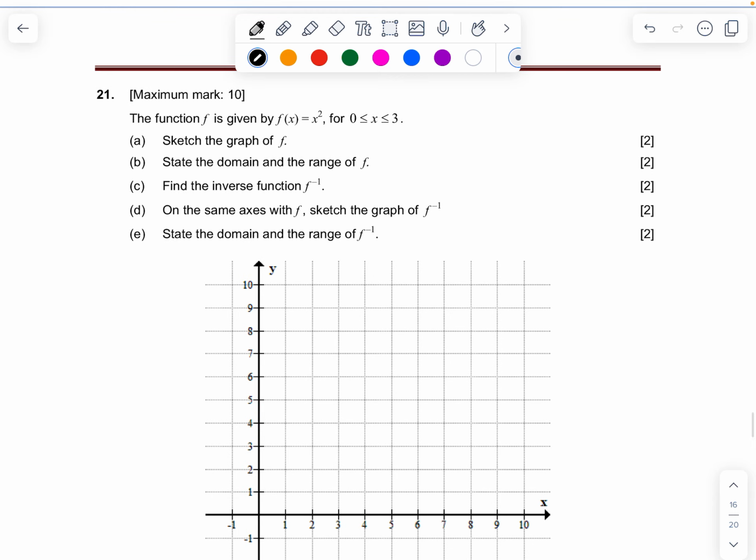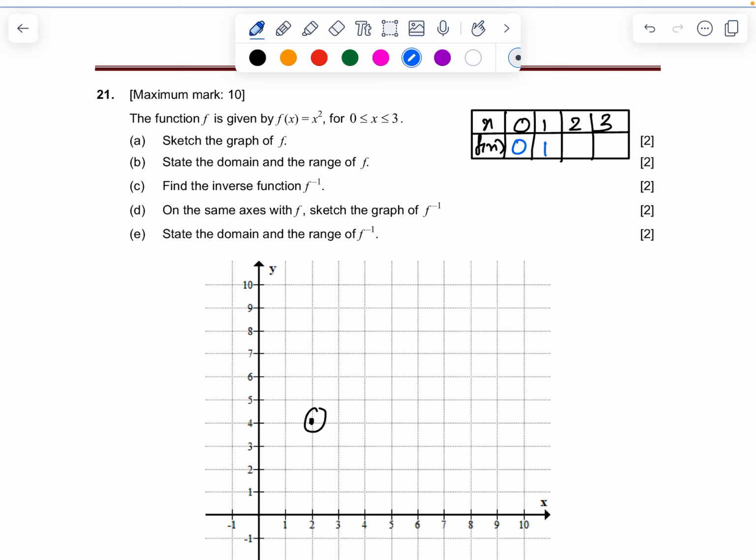The function f of x equals x squared. Sketch the graph. When it is 1, it is 1. When it is 2, it is 4. I draw the table for x and f of x: 0, 1, 2, 3.